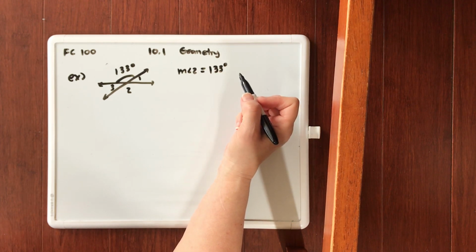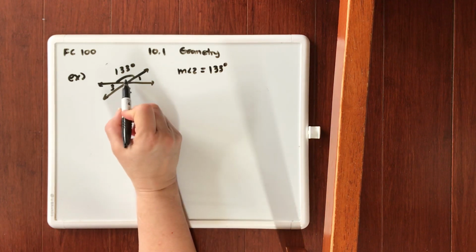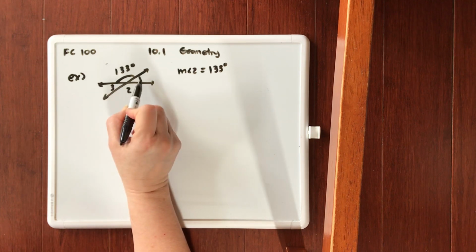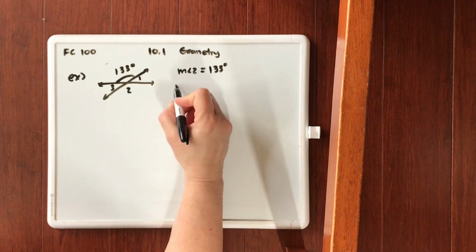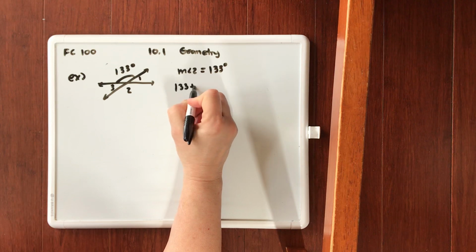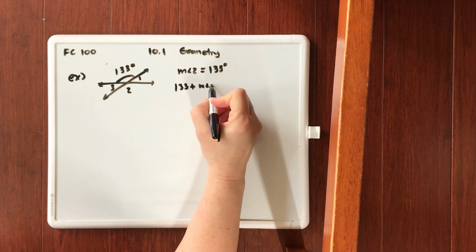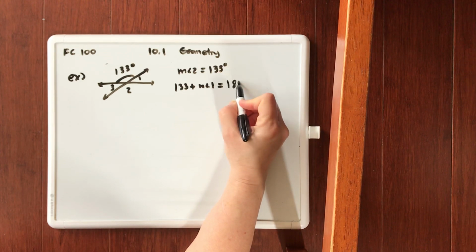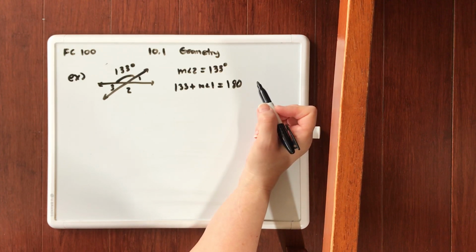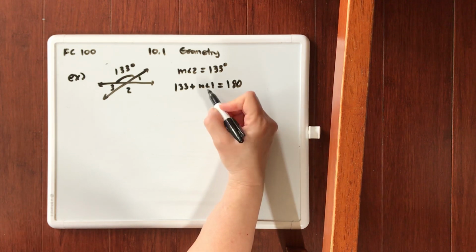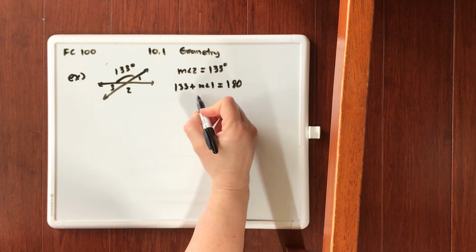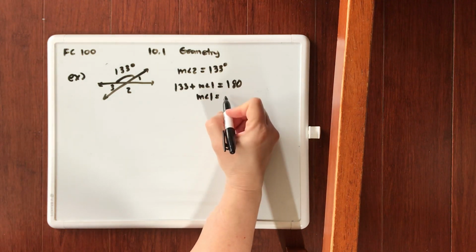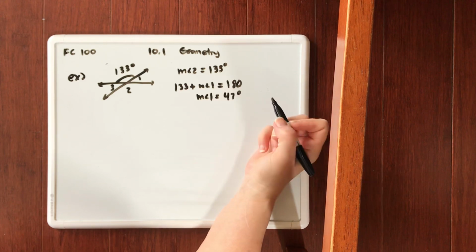Now, since this is 133 and this is angle 1, these two are supplementary angles, we know that 133 plus the measure of angle 1 must equal 180 degrees. So we get angle 1 alone, and we find the measure of angle 1 by subtracting 133 on both sides, which is 47 degrees.